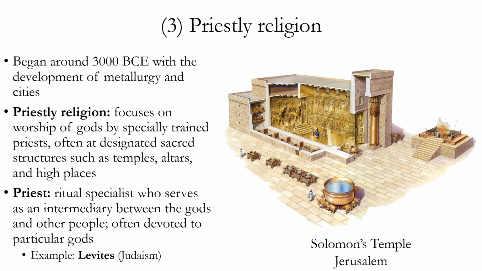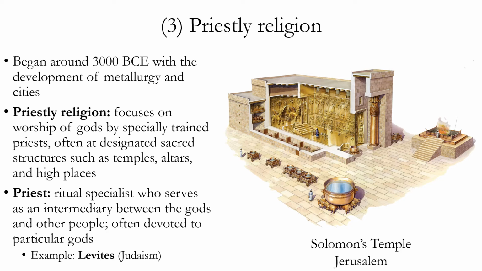You can define priestly religion as focusing on the worship of gods by specially trained priests, and they often do so at designated sacred structures, such as temples, altars, shrines, or high places. You can see in the picture on the right, which is a modern reconstruction of Solomon's temple in Jerusalem, that there's both a high place at the back or rear of the temple on the left, where you can see a depiction of the Ark of the Covenant and the two cherubim who are surrounding it.